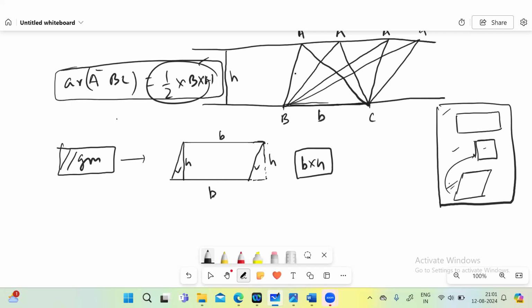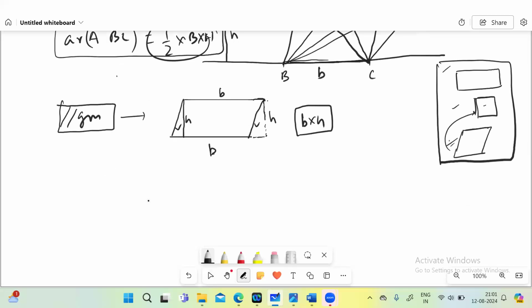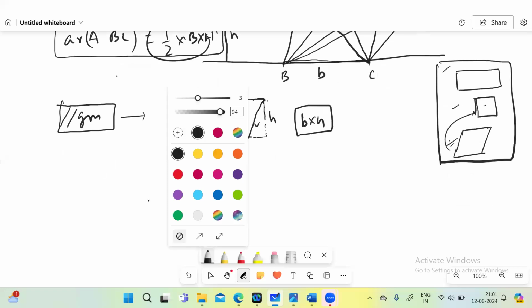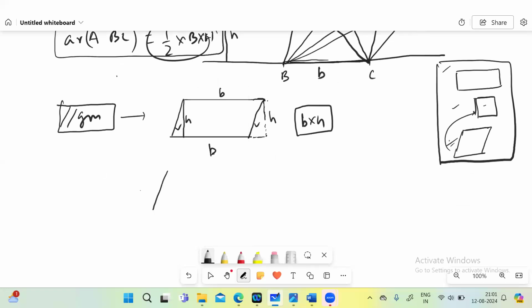Now again, the same question which I had asked you in the case of triangle. If there is a parallelogram and you have been given two sides, one is A and one is B, can we calculate the area of this parallelogram?